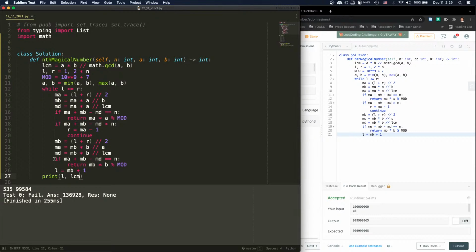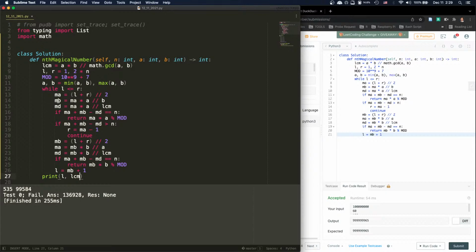And MB is this value divided by B. B is 389. So that gives us 351. So hold on. MA is currently equal to 534. So MB now, we calculate is 351.